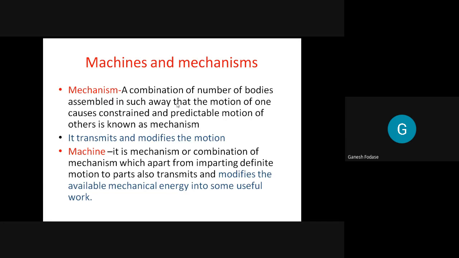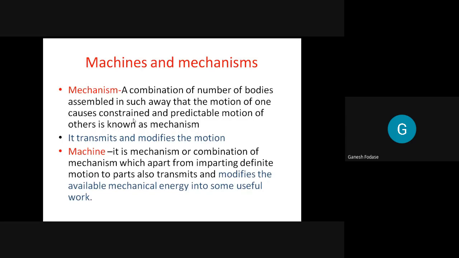So what is mechanism? It consists of number of links, number of bodies assembled in such a way that if I give motion to one link, it will cause motion to other link. But how that motion will be? That other link motion is constrained and predictable. Means we can determine its motion. This kind of arrangement is called as a mechanism.